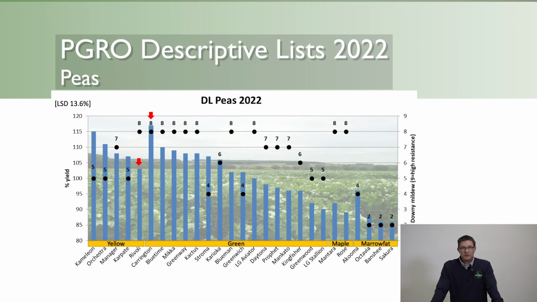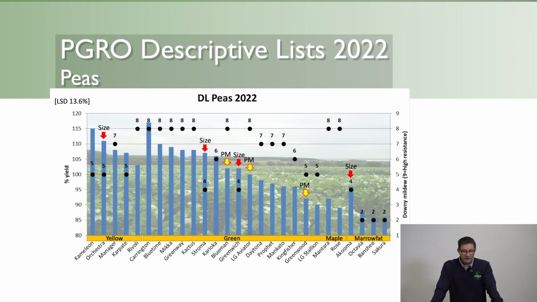The marrowfats have mostly dropped their ratings for downy mildew as well, so Octavia, Banshee and Sakura. Part of that is due to rounding and statistics, but Akuma does show a high rating of 4 within the marrowfat category. Just one or two other trends within the pea categories.